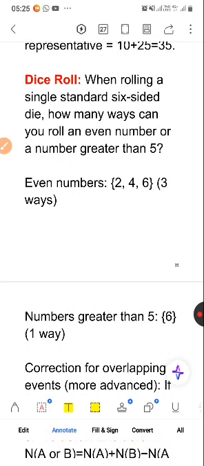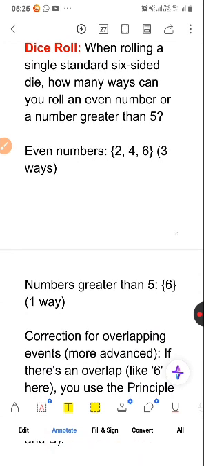And even if you can use the addition principle, there must be something you have to understand, because they are saying that we have even numbers under consideration here, and then also a number greater than 5. A number greater than 5 on a die is 6. Now remember, 6 is also an even number.